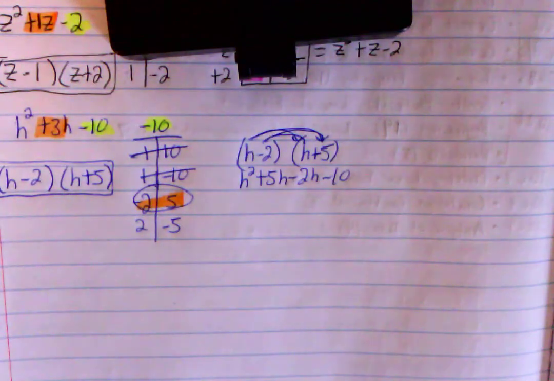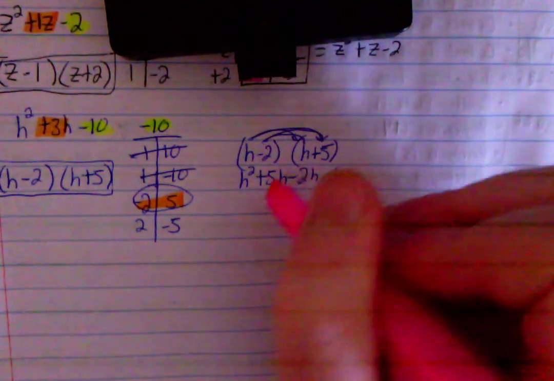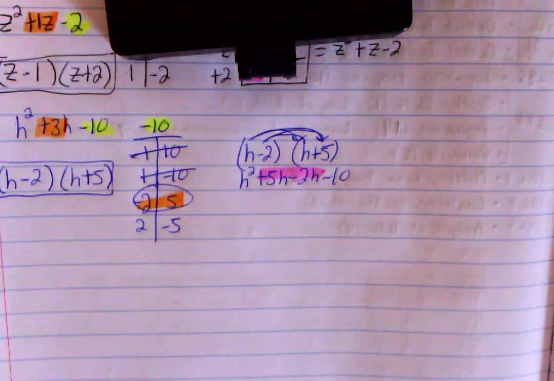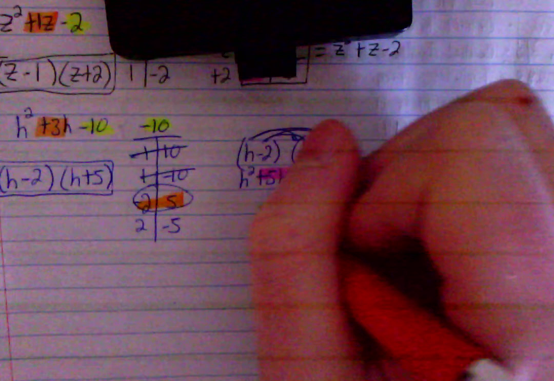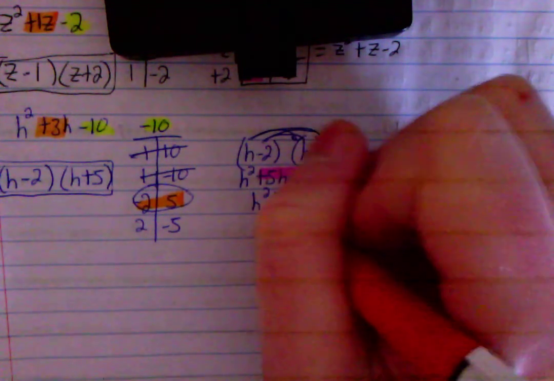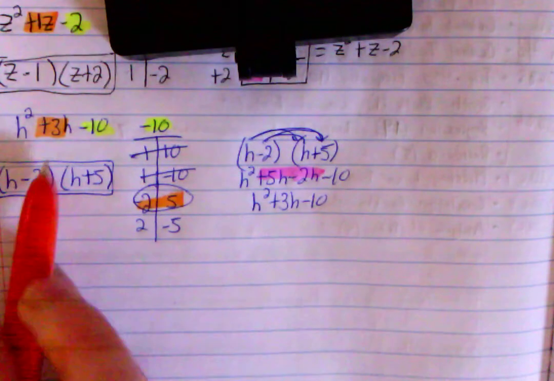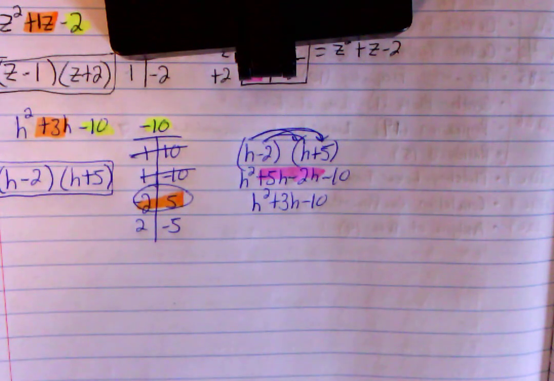I need to combine my like terms, which are 5h and negative 2h. And I get h squared plus 3h minus 10, which is the same exact thing that we just factored.